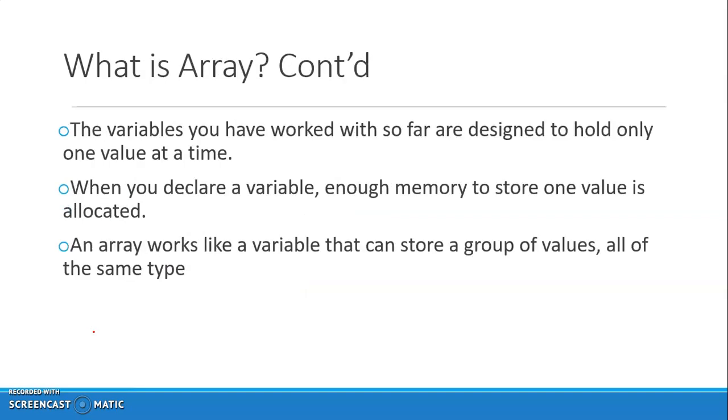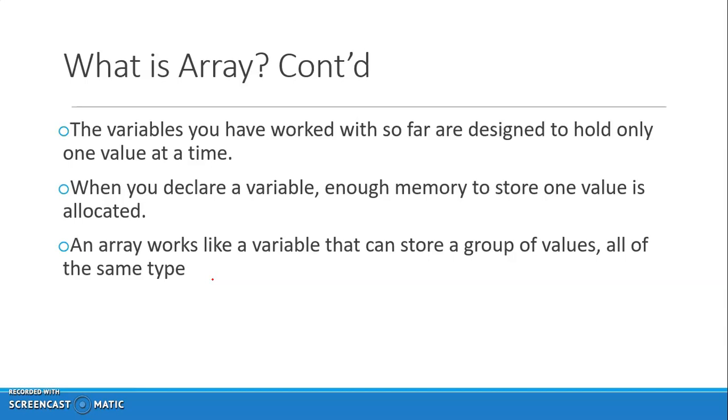Okay, so what is an array? From what we've done thus far, we've been using one variable to hold a value. Whenever we declared a variable, that variable was creating a space that should be used to hold a value. For example, if we had int num, it means we are creating a variable with the name num that should be used to store data of the type integer.